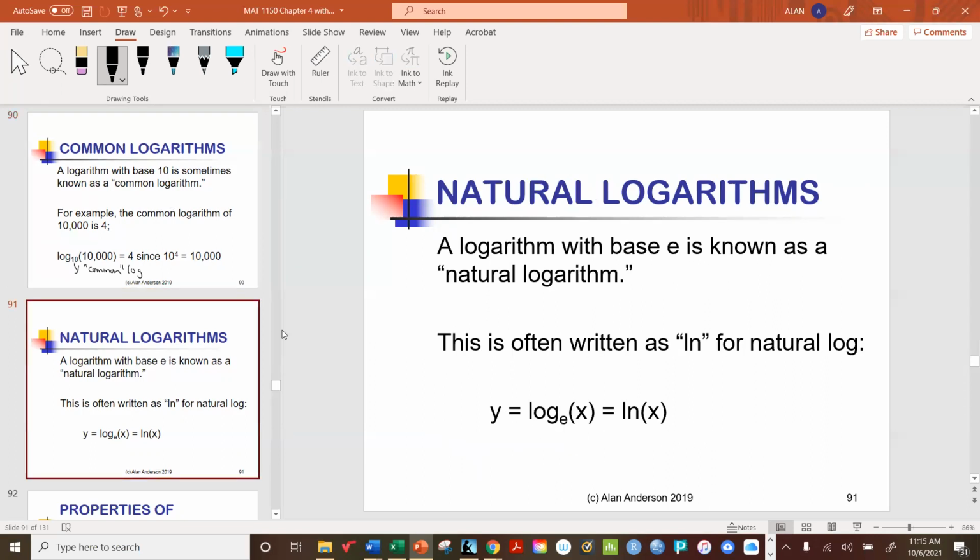Natural logs, as we've discussed several times, have a base of e. So it gets its own special abbreviation, ln x. Now, if you do go ahead and take Calculus 1, they'll show you where e actually comes from. We're not going to do that here because it's a little too much, but just be aware, if you want to look it up in your calculator, there should be an e to the x button.